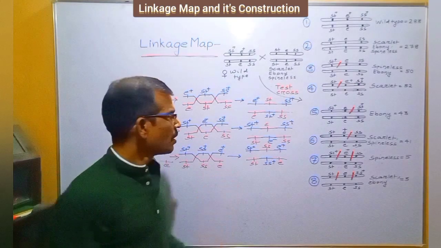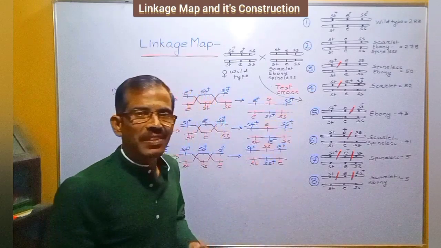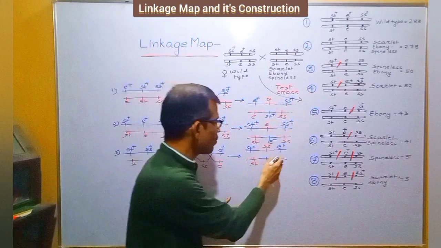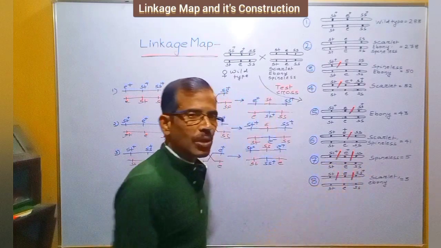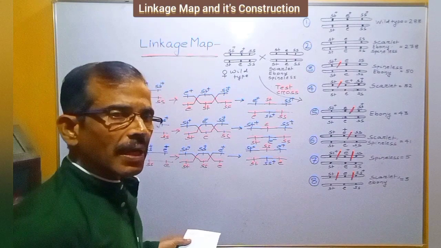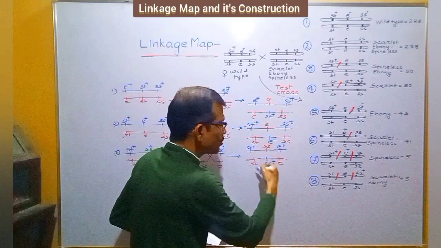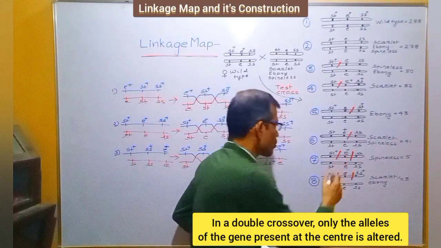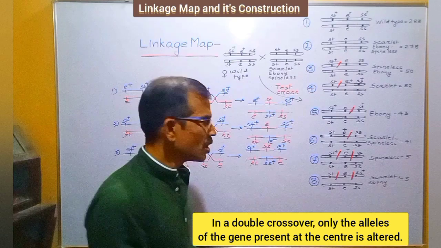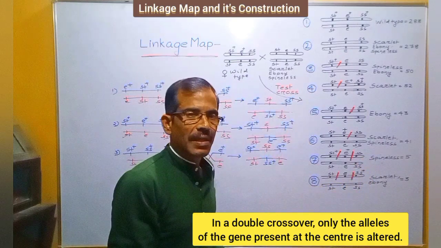Now let's see if any one of the resulting chromosomes with a change in arrangement of alleles is observed in the double crossover progeny. By comparing, it becomes clear that it is the third order of arrangement of genes that is observed in double crossover progeny. So the gene for bristle must be present at the center.